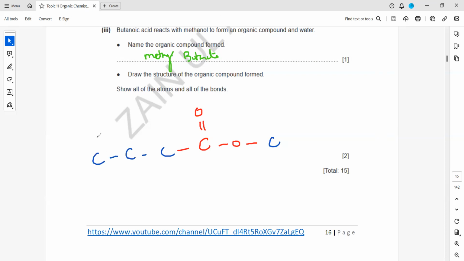This will have 3 hydrogens, this will have 2 hydrogens, this will have 2 hydrogens, and this will have 3 hydrogens. So this is the structure of methyl butanoate. Is it clear? Any question or doubt till this point?